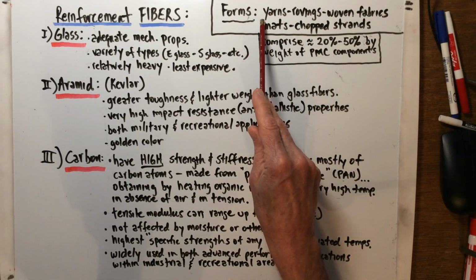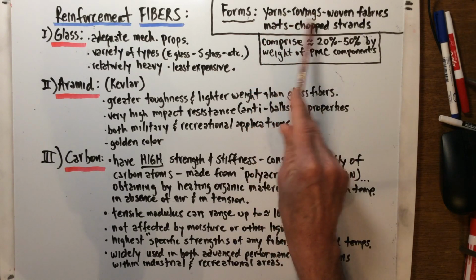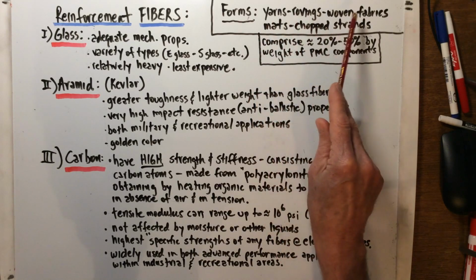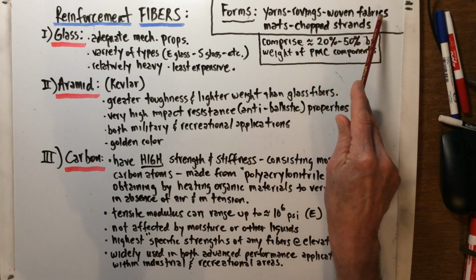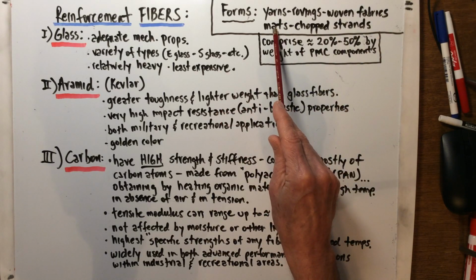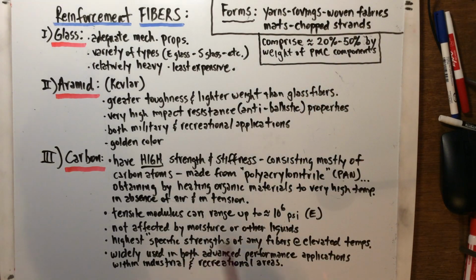But you can get individual yarns and strands. You can do rovings, which are those kind of combined together in one long axis. Then there's those woven fabrics and weaves that I showed you earlier. There are mats that are just kind of pressed together. And then, of course, you can also get chopped strands.